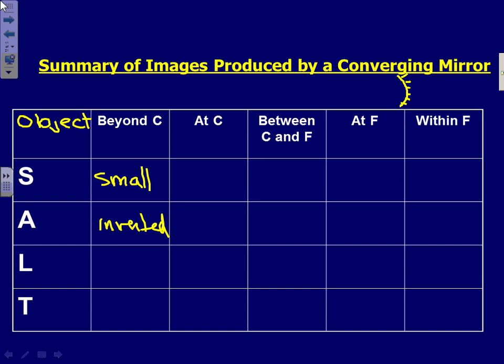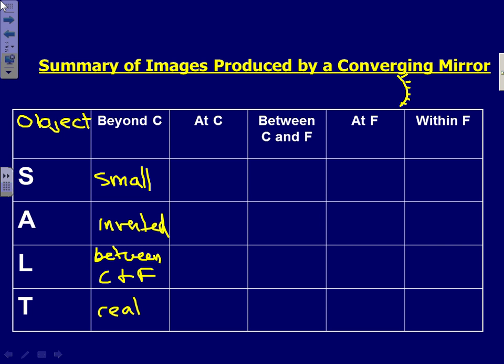Cade, where is it located? Between C and F. Fairly close to the mirror. And what type is it? Jake? Real. Now, in a moment, I'm going to use a very bright light source as the object, and I'm going to show you what it means to have it be real. We'll talk about this in a moment.